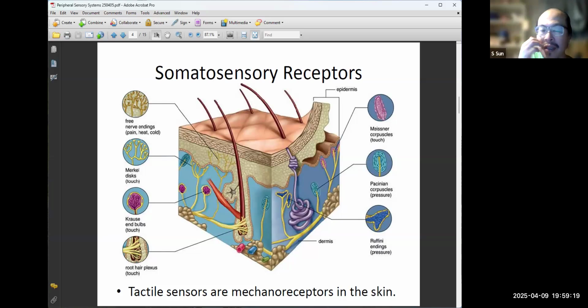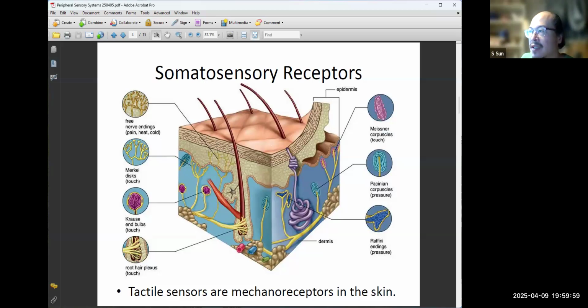If you put your eyeglasses on, you feel the pressure, but give it time, you kind of forget about it. That's called adaptation. Our sensory receptors are especially good at adaptation: continued stimulation is not going to trigger any effects in our nervous system. Some are more superficial, some are deeper.